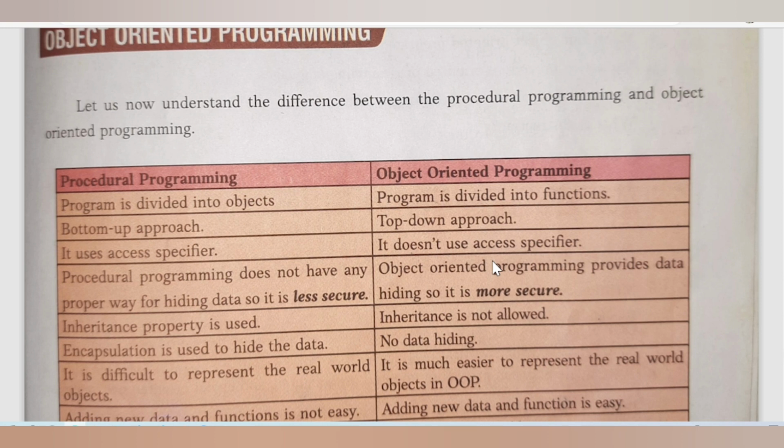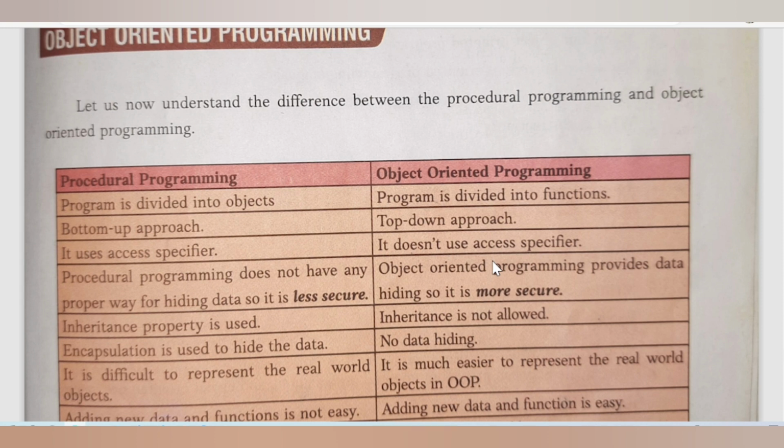In place of procedure programming, it should be object oriented programming, and in place of object oriented programming, it should be procedure oriented programming. Like, in object oriented, the program is divided into objects, and procedural programs are divided into functions. Here we follow the bottom up approach in object oriented, and in procedure oriented we follow the top down approach.